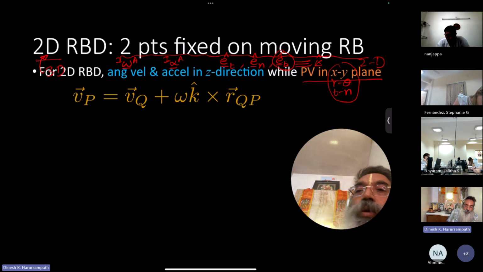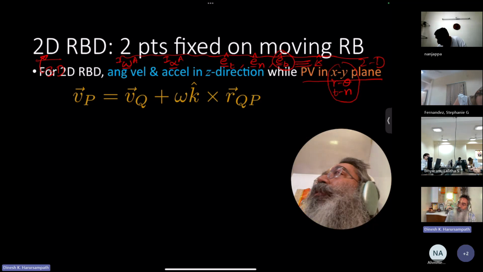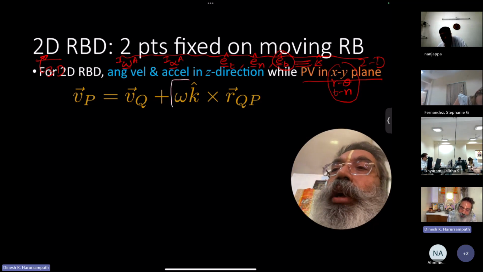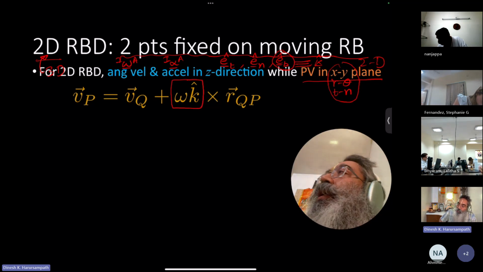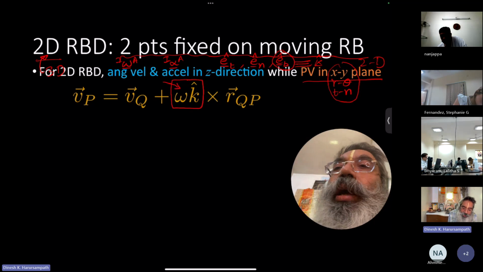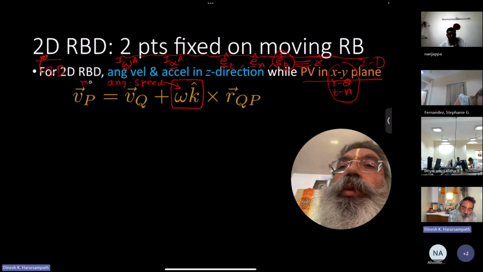Okay, so rewriting the same expression that we had for velocity of one point with respect to the other, the only difference from what we did last time is in the way in which we are writing this particular term that you see over here. We are putting it as magnitude omega. Now this is a scalar quantity. This is the angular speed. So it's essentially the magnitude of the angular velocity.